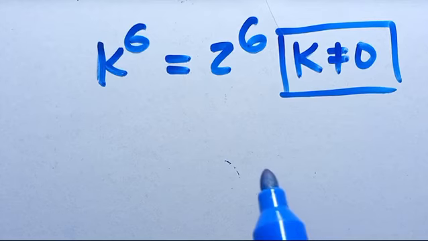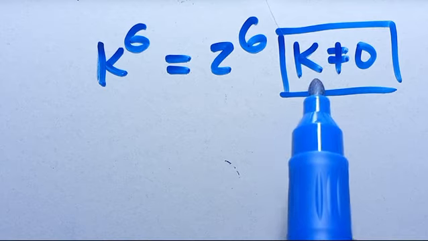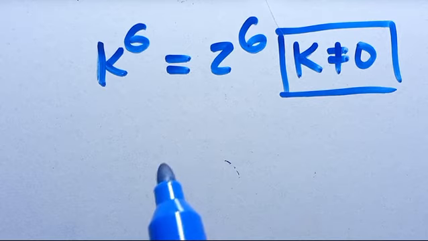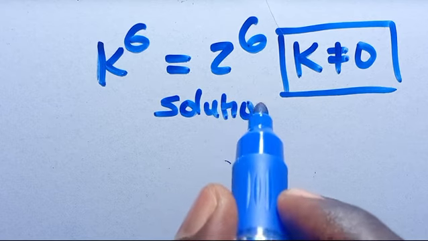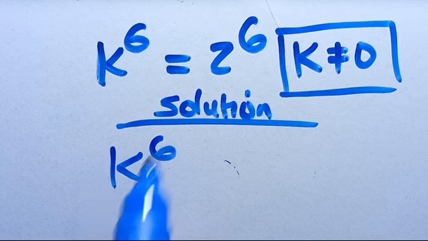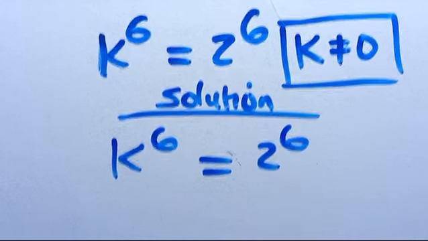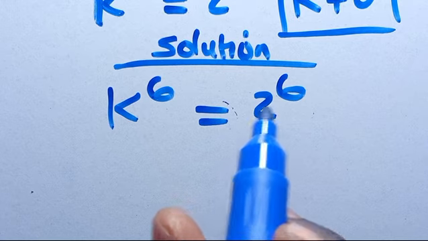In this video, let us find the value of k, but mind you that k does not equal 0. So from here, let's have the solution. When you have k to the power of 6 equals 2 to the power of 6, let's take this 2 to the power of 6 to this side.